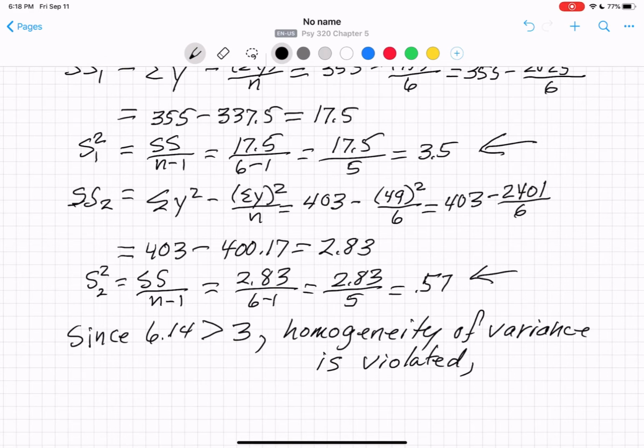Okay, so we need to use F adjusted in our decision rule.